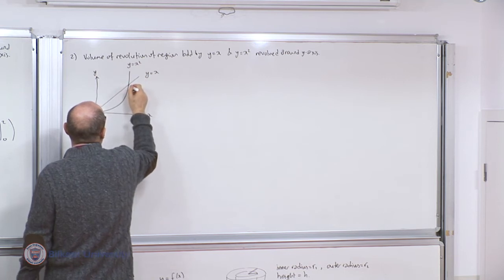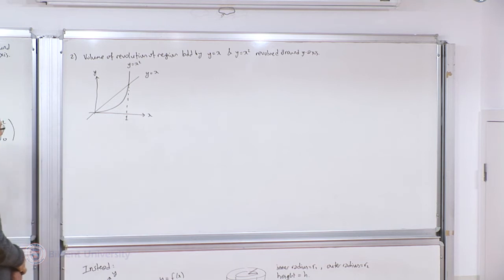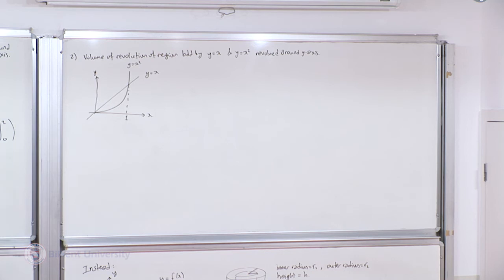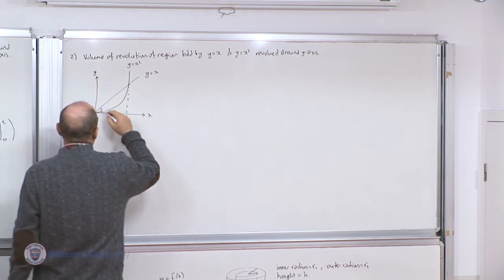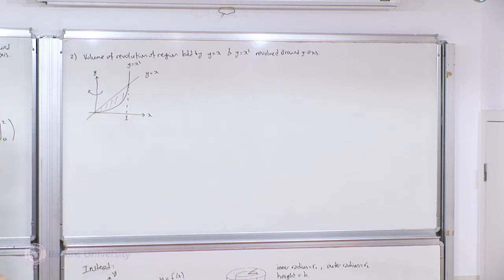And we know that they intersect at the point 1. When x is less than 1, x squared is less than 1, so that lies below the line y equals x. So this is the region. I want to revolve this around the y-axis and find the volume.